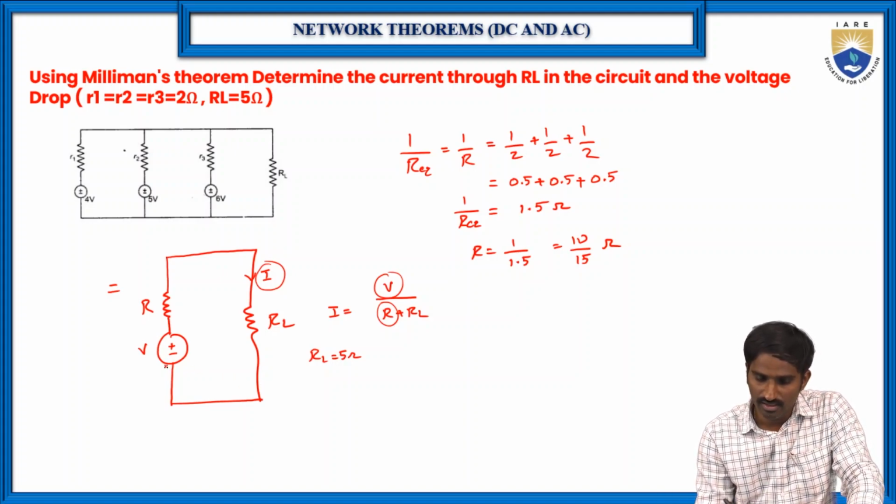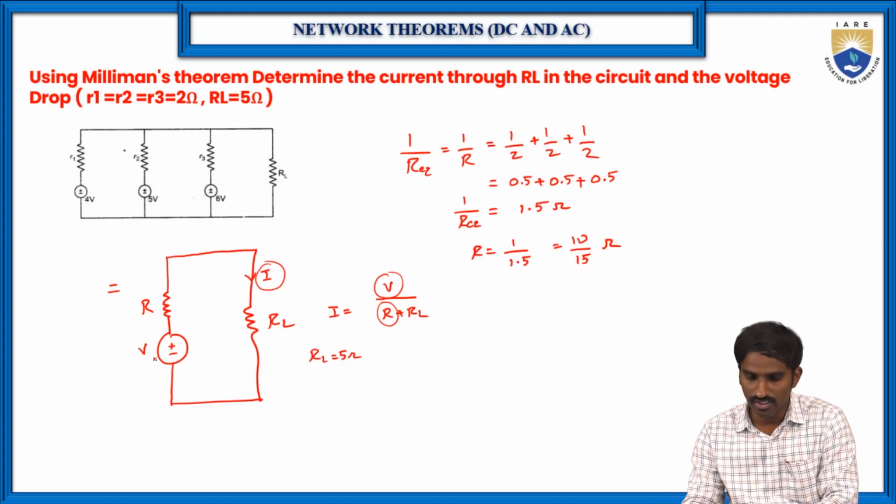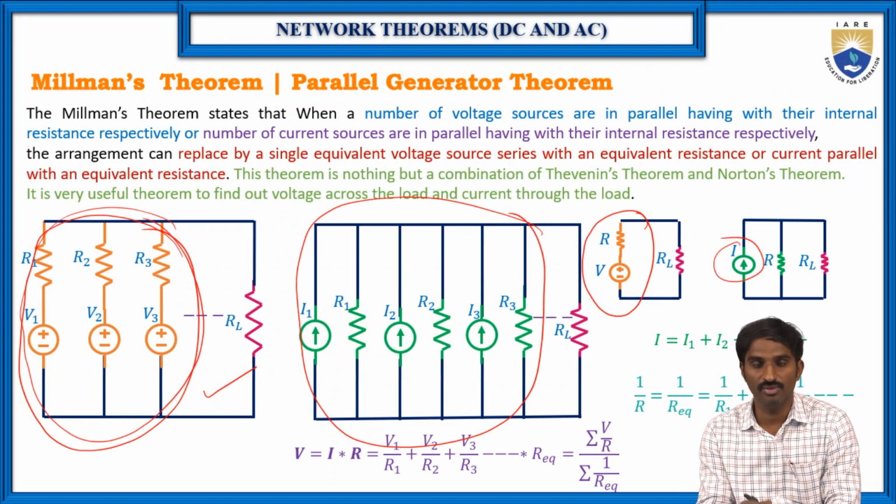Then similarly, we need to find the V value according to Millman's theorem. How to find V? V = (V1/R1 + V2/R2 + V3/R3) × R equivalent.